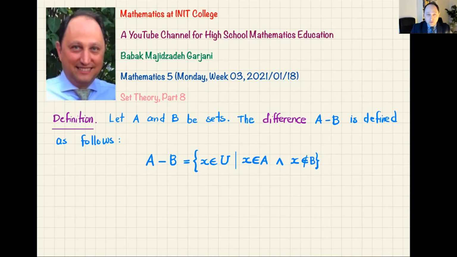Okay, so the difference of two sets is the set of all elements in the universal set such that those elements belong to the set coming first, but they don't belong to the set that comes after that. Okay, so that is the definition of the subtraction of two sets.